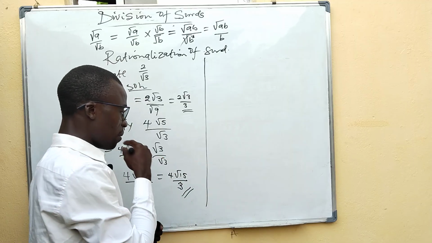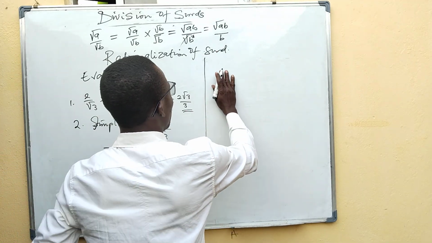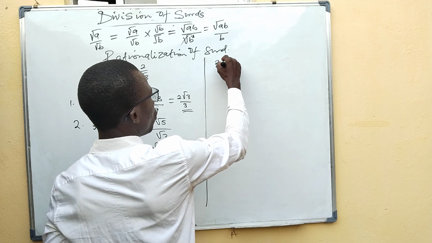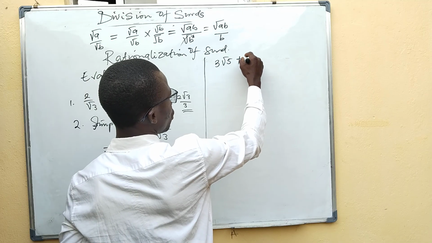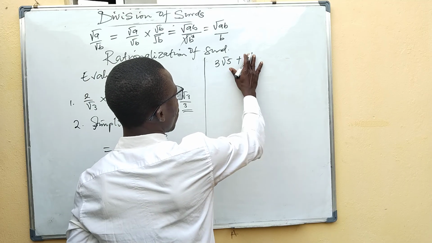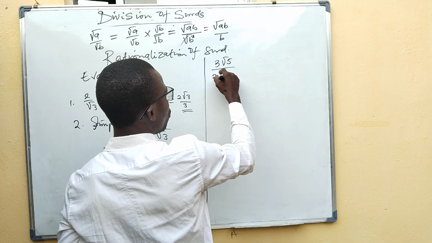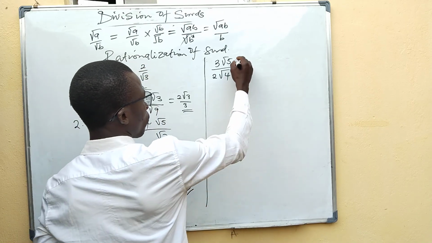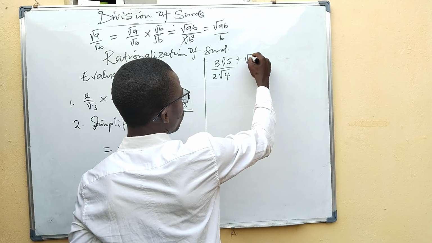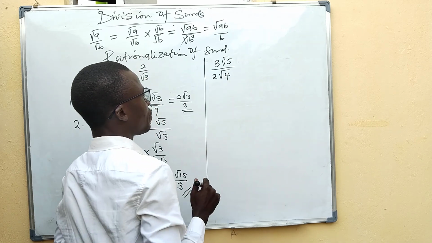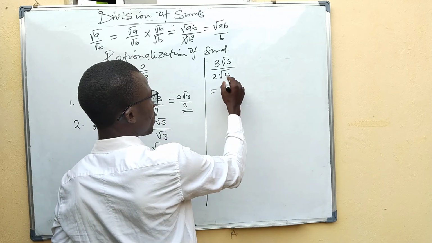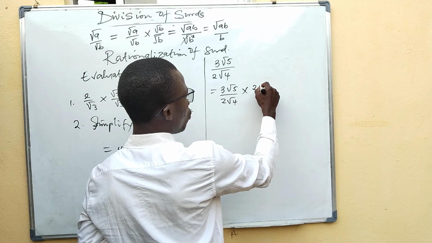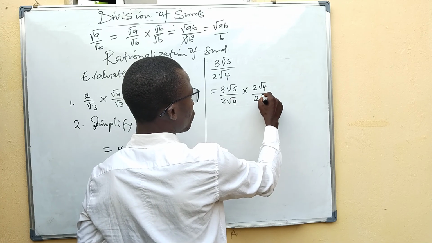Okay. Now, what if I have a question like, let's say, 3 root 5 plus 2 all over 2 root 4 plus root... okay, if I have this, it's still the same thing as 3 root 5 over 2 root 4 times 2 root 4 over 2 root 4.